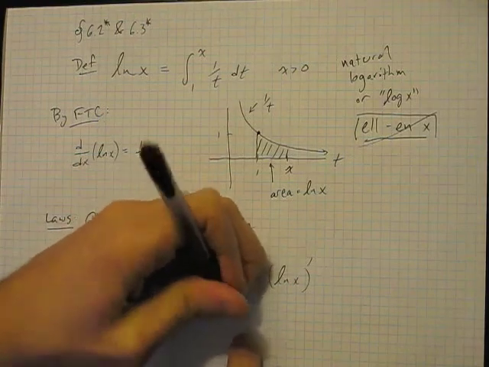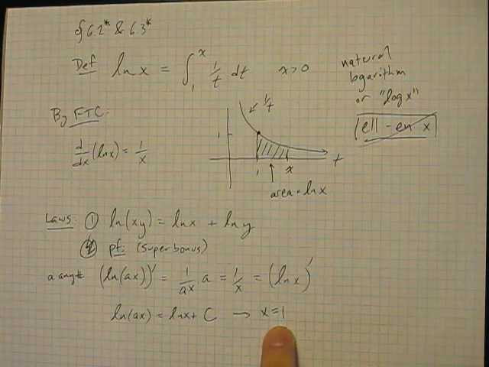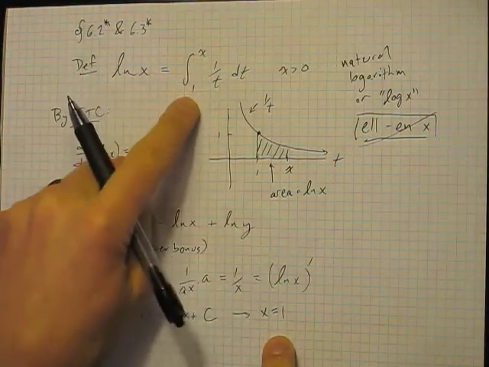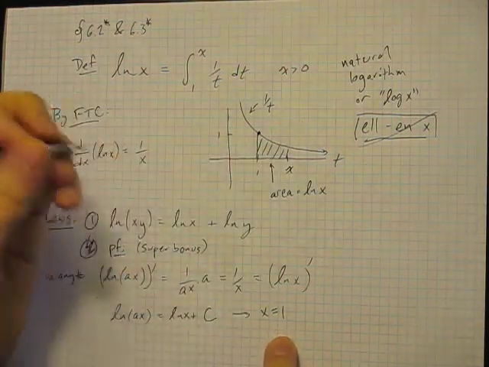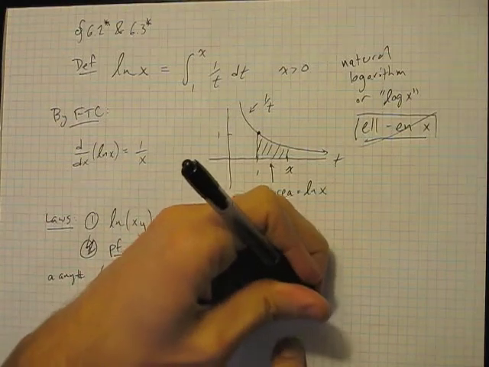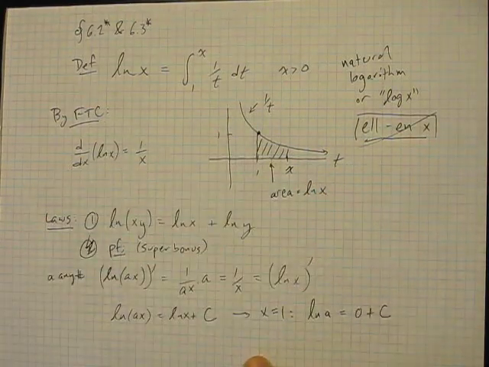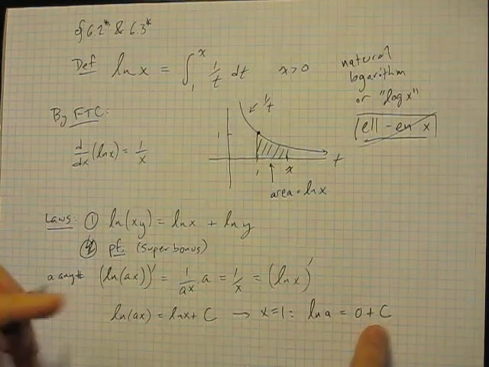Well, if you plug in x equals 1, what is x equals 1? That's putting a 1 here. So you have the integral from 1 to 1, so no area, so that's equal to 0. So we get log of a is equal to 0 plus c, right? And so that means log of a is the constant.